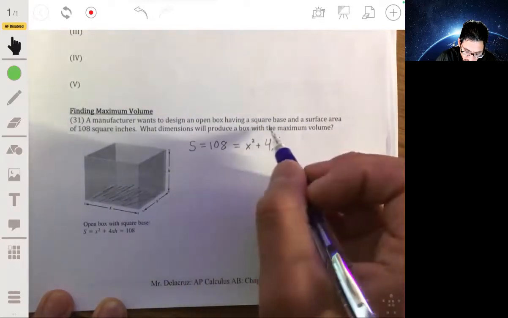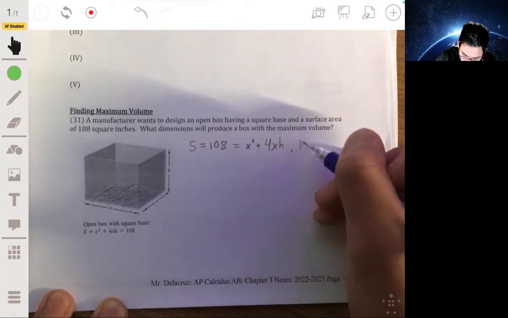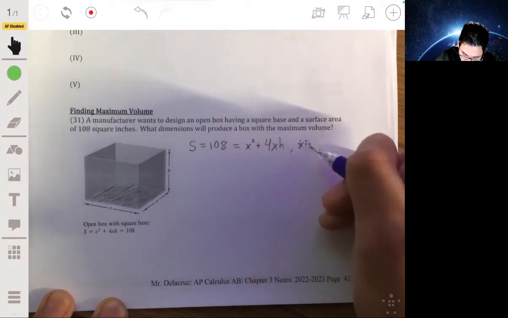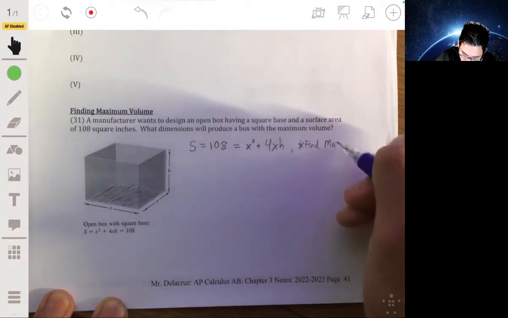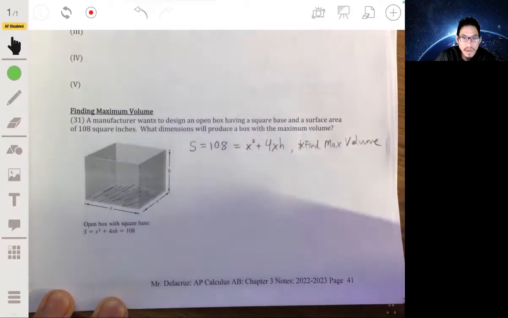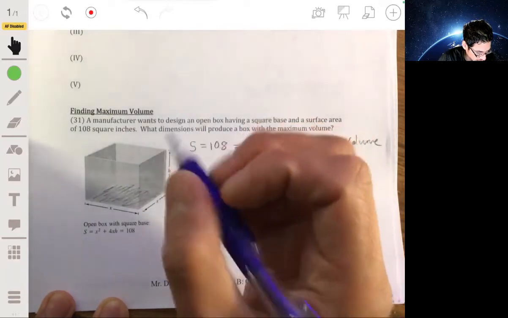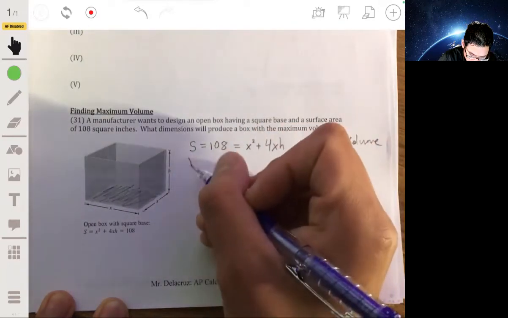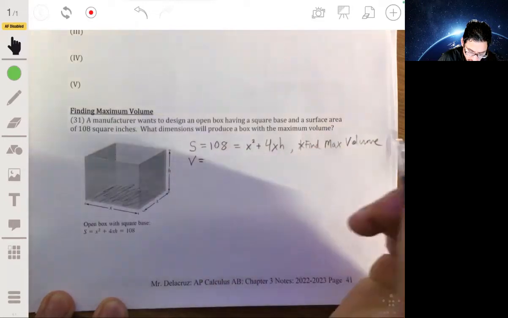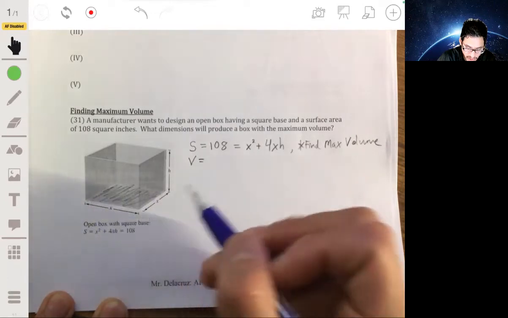And we're trying to find the maximum volume. So let's write that. Find max volume. So we want to come up with an equation for volume first. Let's make it volume in terms of V. And volume will be length times width times height.